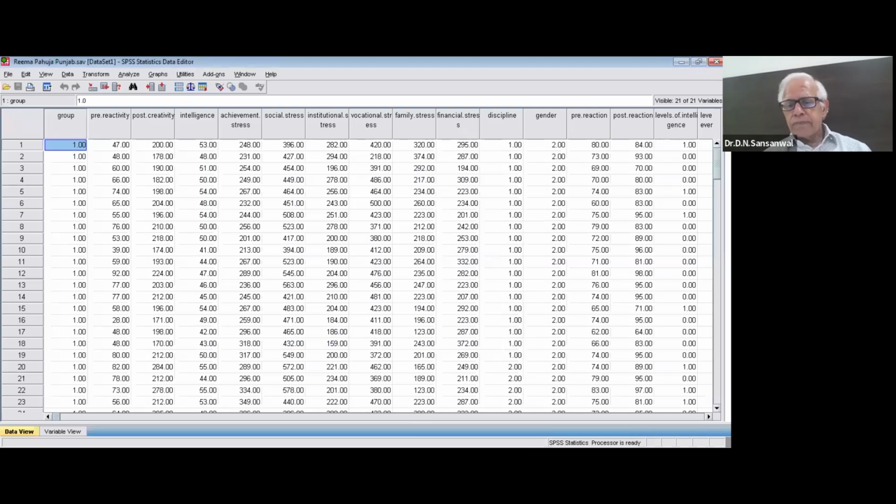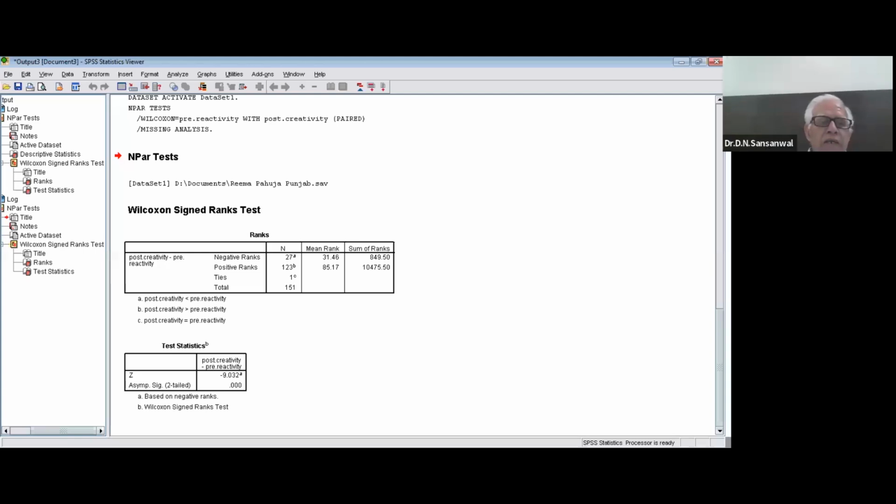Now this is the result. This is post-creativity minus pre-creativity. Negative ranks are here, the mean rank is 31.46. Positive mean rank is 85.16. And here the Z value is minus 9.03, and this is significant. Now, what is the meaning of this?